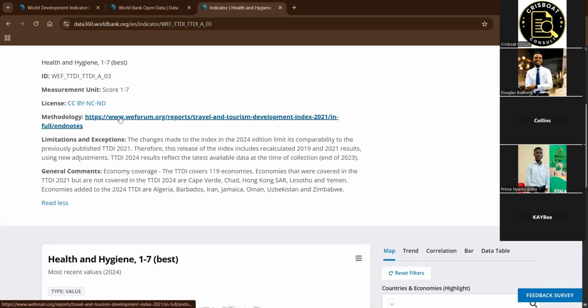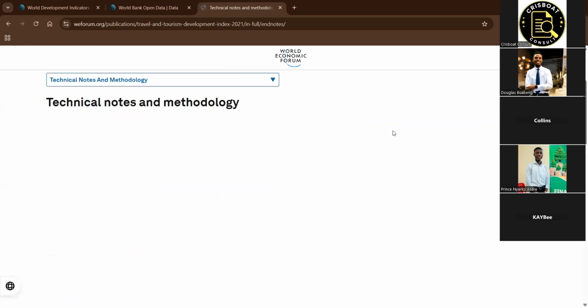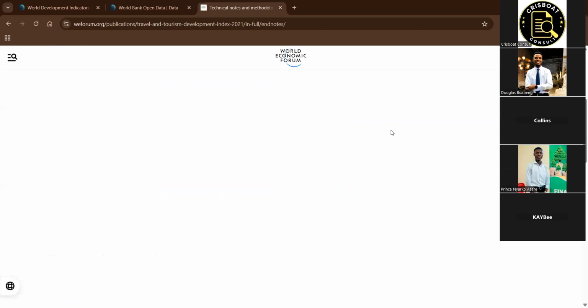You can see that there's a link here. Let's open it and see. So every data that you open, they will show you the process for collecting that data. And you shouldn't worry about that. Just that, as I said, if the data is by World Bank, it is trusted. But maybe if someone has published his data online and you go and use it, you will find it hard to defend it.